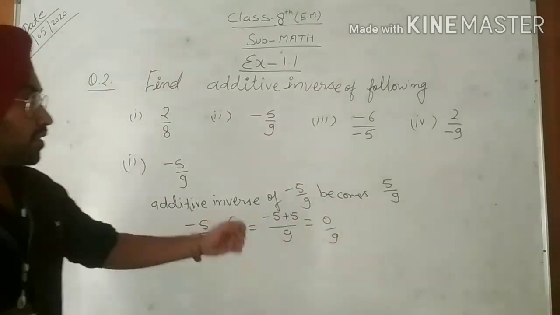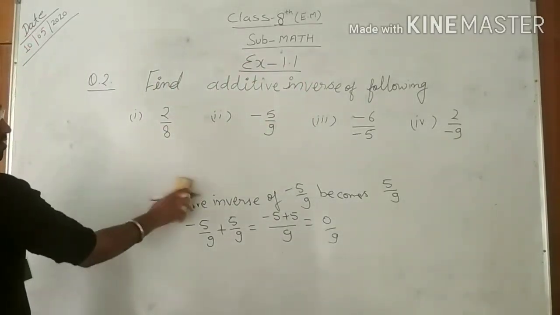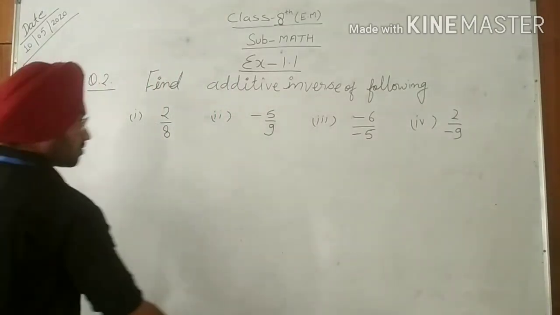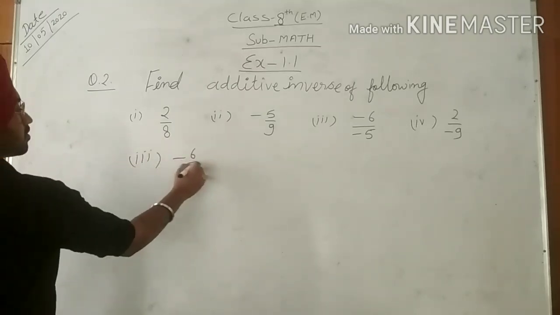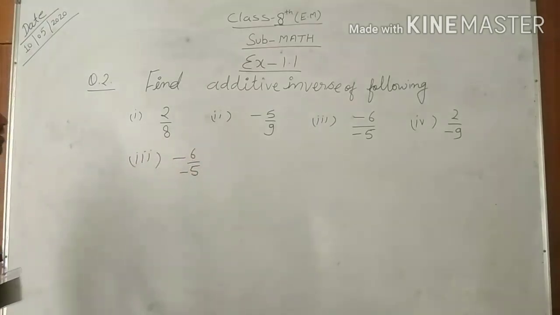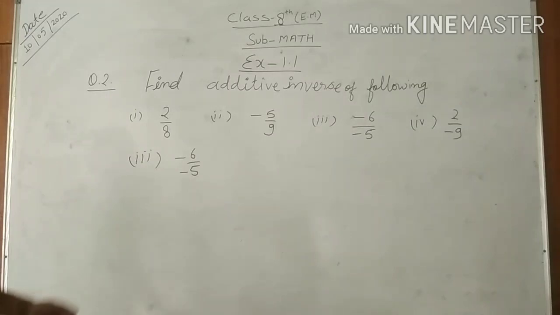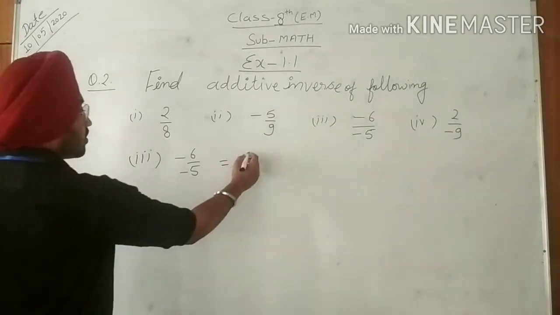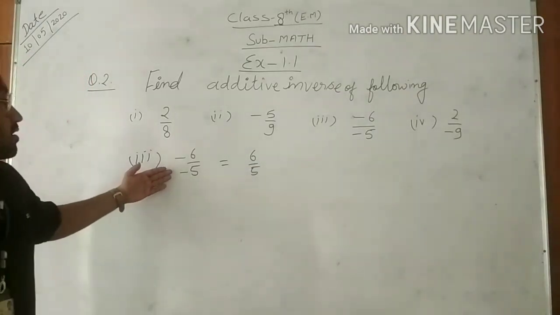Let's take another example to understand additive inverse. Here is the third example. Minus 6 upon minus 5. In this number, numerator and denominator both are negative, and here this number is considered as positive because minus to minus has cancelled.